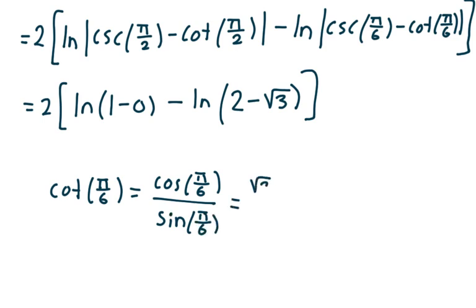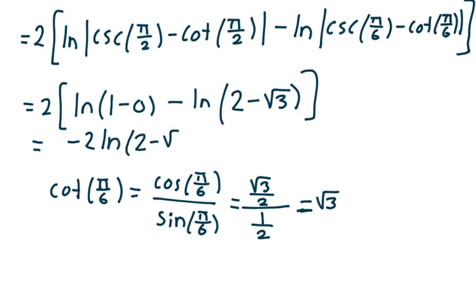So this is square root of 3 over 2 divided by 1/2, and so this is square root of 3. So that's what we did. And natural log of 1 is 0. And so my final answer is -2 natural log of 2 minus the square root of 3.